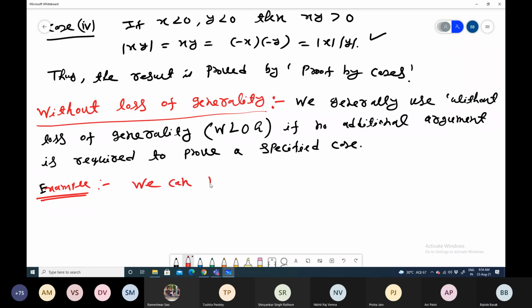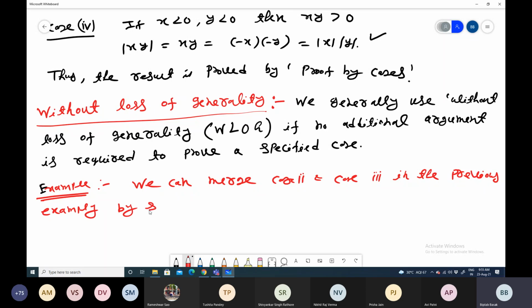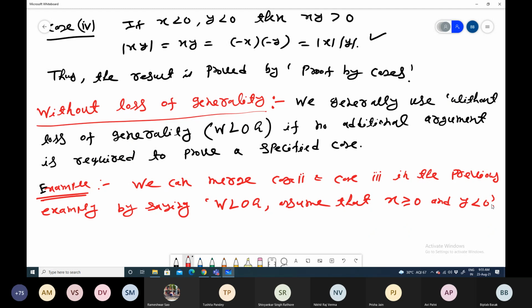We can merge case 2 and case 3 in the previous example by saying without loss of generality, assume that x bigger equal to 0 and y less than 0. Okay, so this is called without loss of generality.